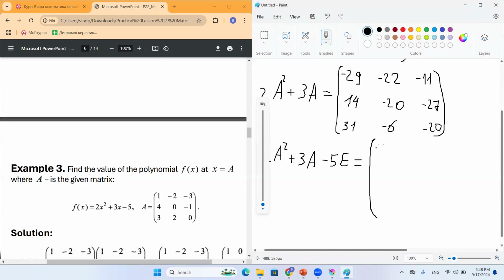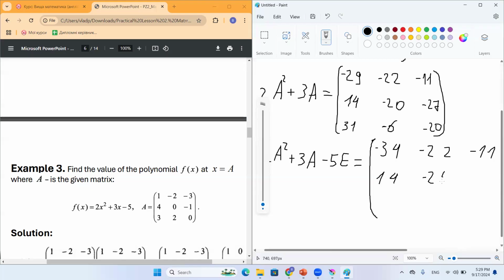-34. Actually, these elements won't change. This as well, and here. -20.